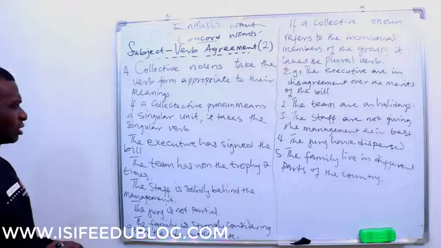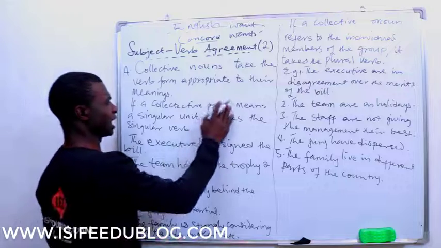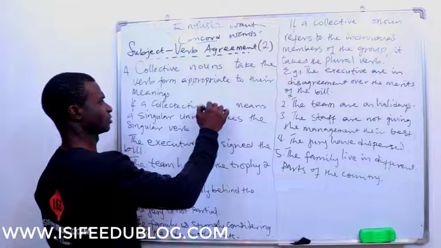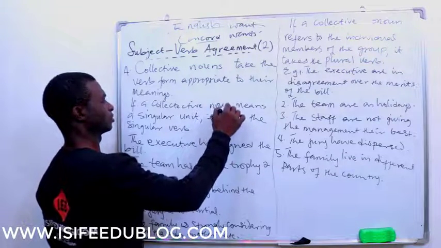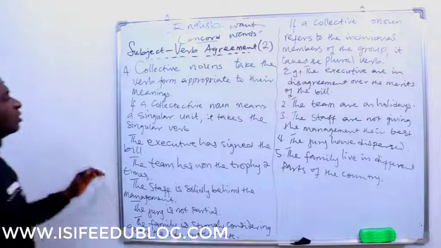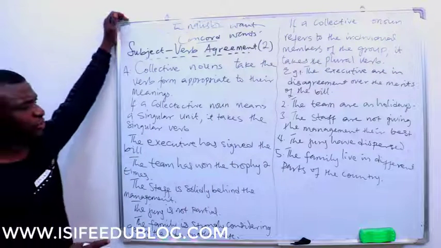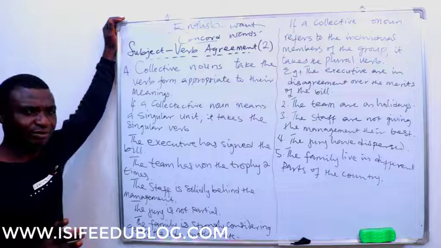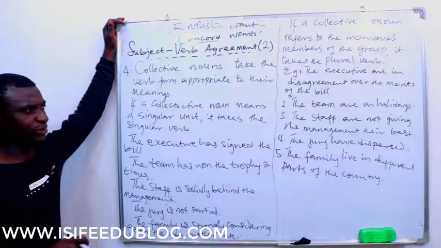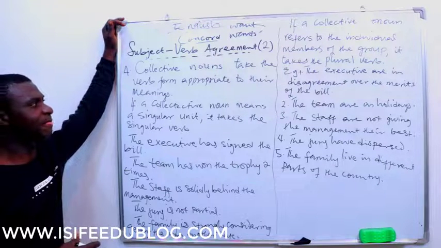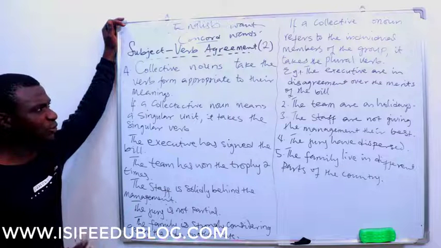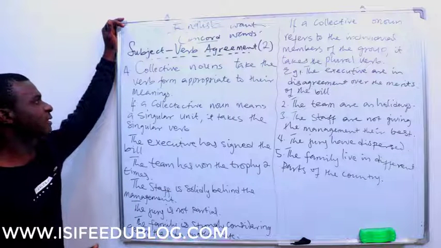Now, collective nouns are nouns that name groups of things or persons. Nouns that name groups of things or persons.